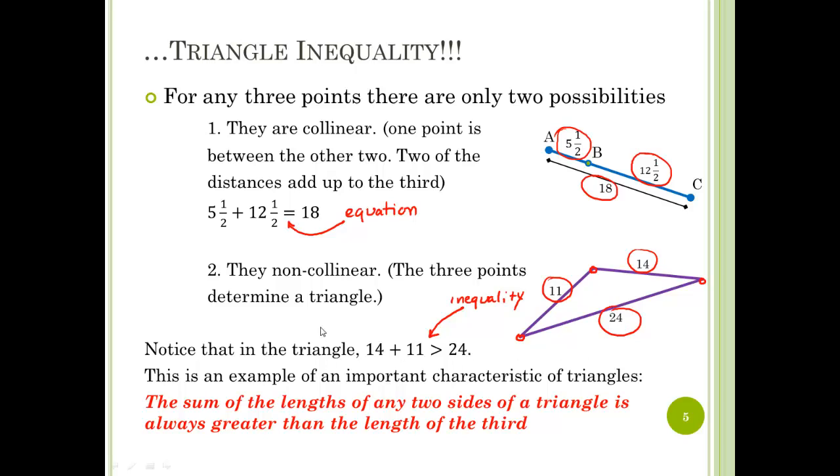And this is an example of a really important characteristic of triangles. The sum of the lengths of any 2 sides of a triangle is always, let me underline that, always greater than the length of the third. Okay? So again, another note you might want to make yourself. Anytime you see something in red here, chances are it's something that's important, it's vocabulary, it's an important thing that I want you to know.